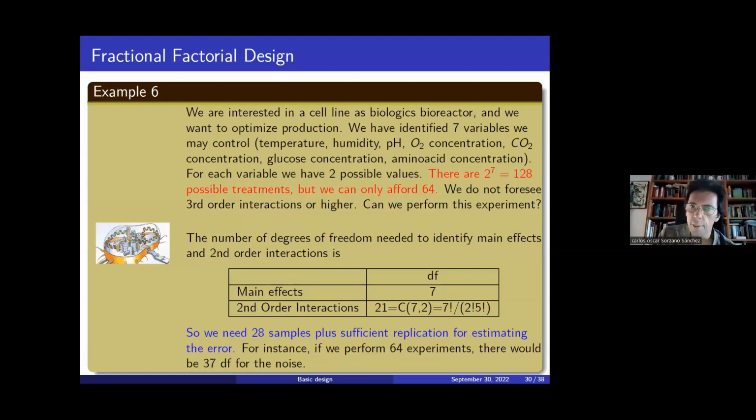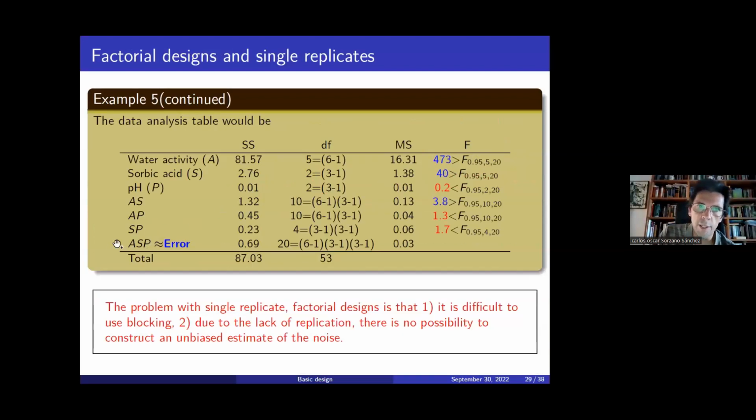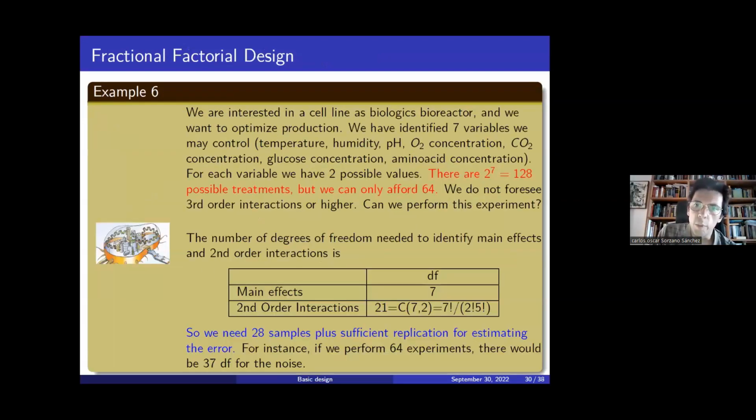The answer is no, because you can sacrifice high order interactions, give them to the residuals, and then with many less combinations. So for instance, with only 64, you can show whether the main effects are important and whether the second order are important, but you don't care about the third order interactions, the fourth order interactions.